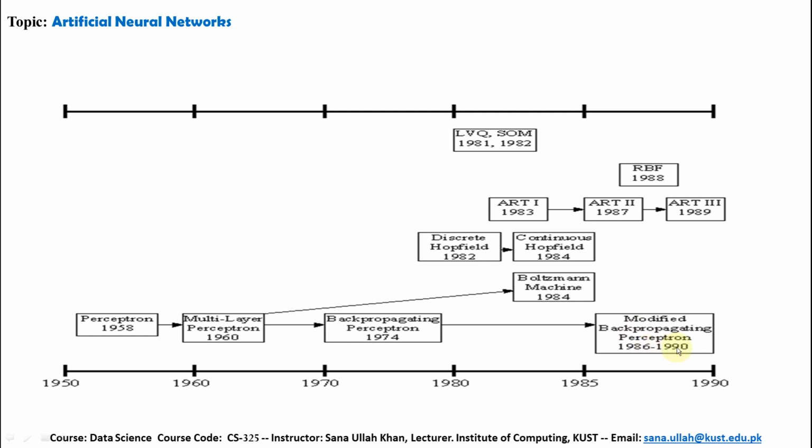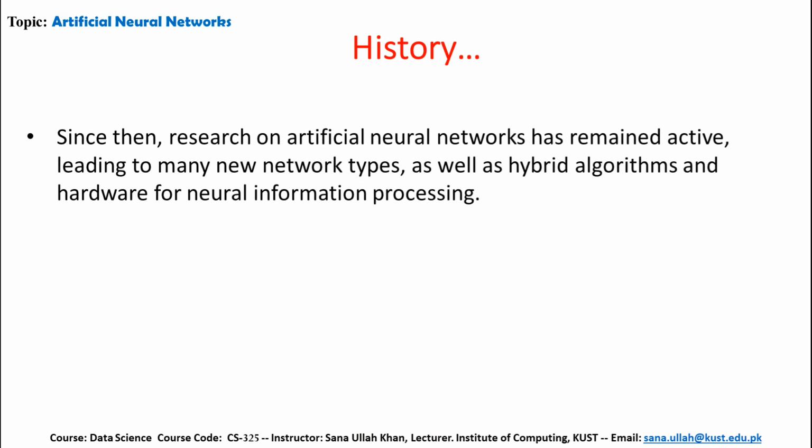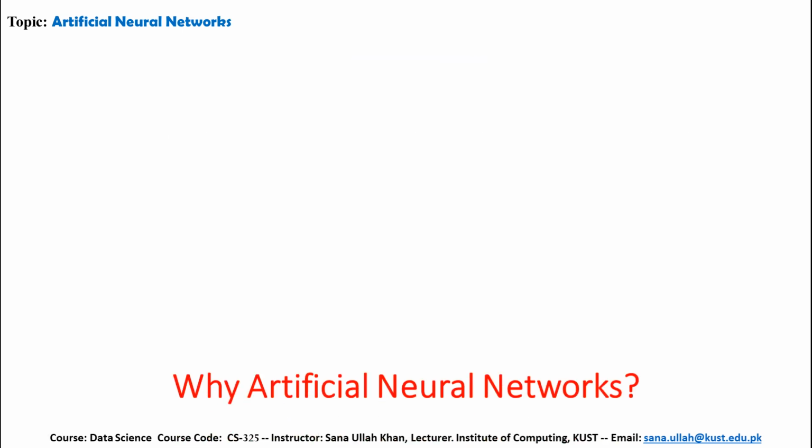This is the complete background history about the artificial neural network. Since then the research on artificial neural networks has remained active, leading to many new network types as well as hybrid algorithms and hardware for neural information processing, and the deep learning concept has also been introduced using these artificial neural networks.